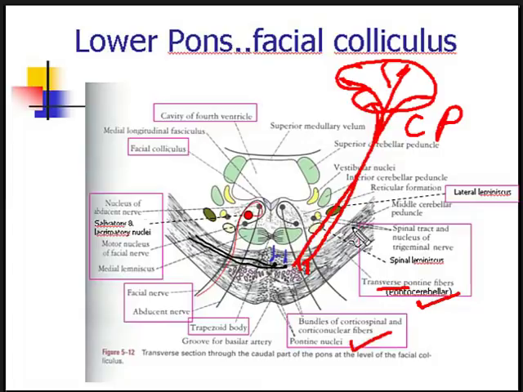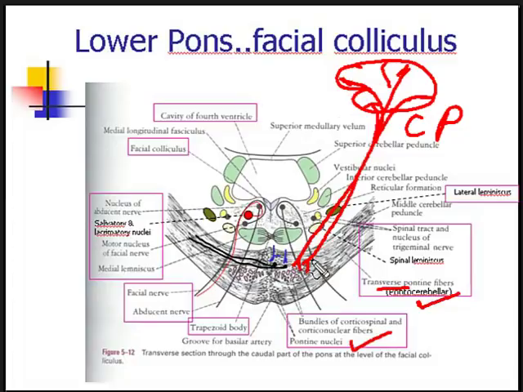Now here in the pons, it is the corticopontine fibers which synapse, and then we have the pontocerebellar fibers. By this, the cerebellum gets information about what's happening in the cerebral cortex, because the cortex sends the information to the pons, and then the pons relays it to the cerebellum. So notice how the cortex and the cerebellum are in touch with each other through this. That's what the pontine nuclei are meant for.